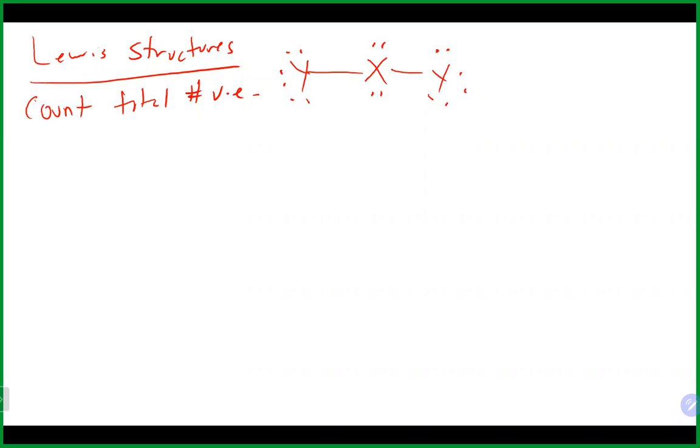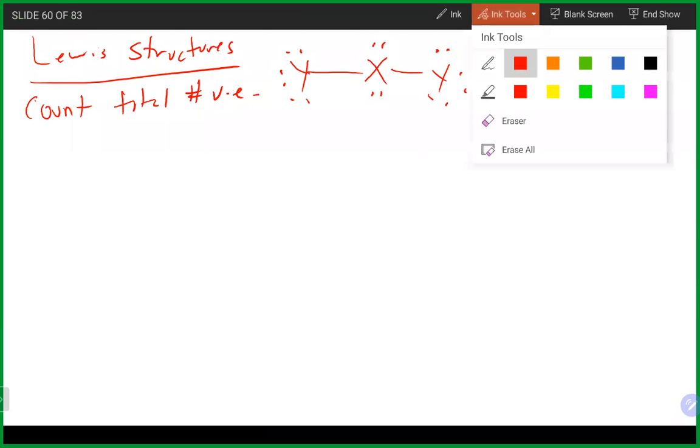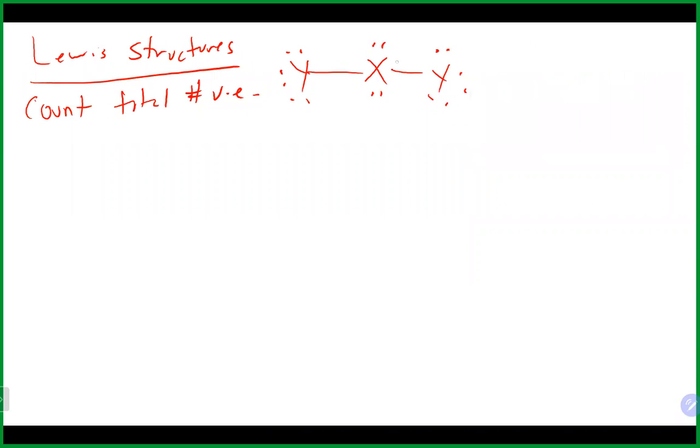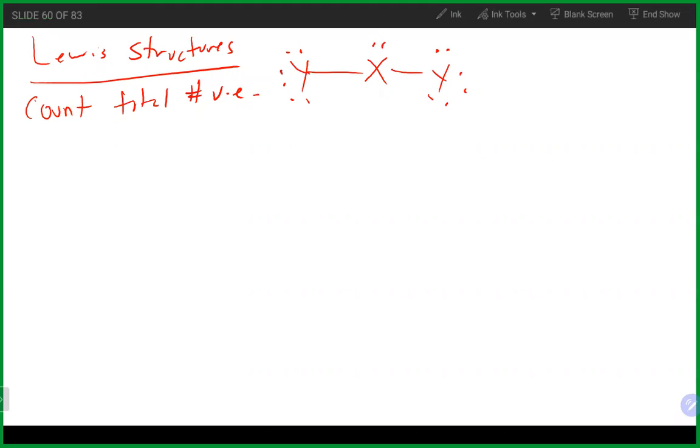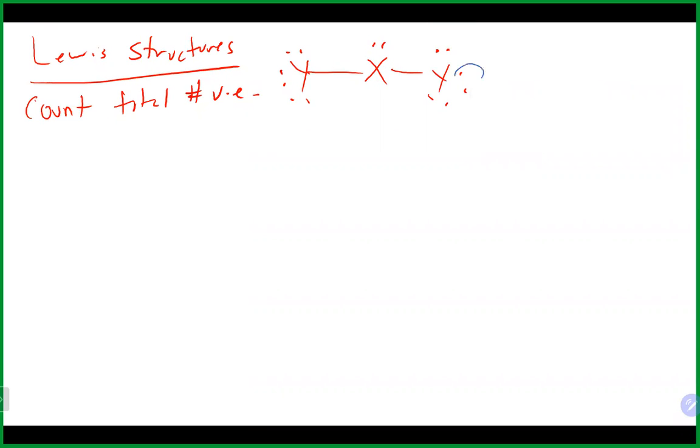Once you've distributed all the electrons, you do want to make sure that you have met the octet rule. And if you have not met the octet rule, you want to try to fix it by making a double bond first, and if not, a triple bond. A reminder that when we make something like a double bond, we're essentially going to take a pair of electrons and bring them in to make that double bond.